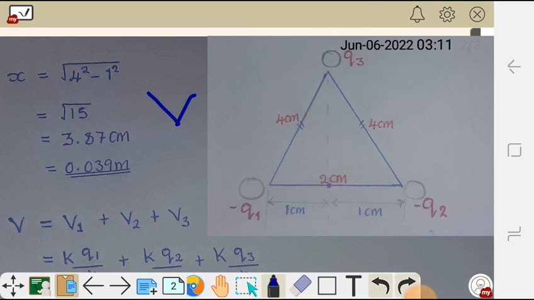So V, the electric potential, is equal to V1, the potential due to Q1, plus V2, the potential due to Q2, plus V3, the potential due to Q3.